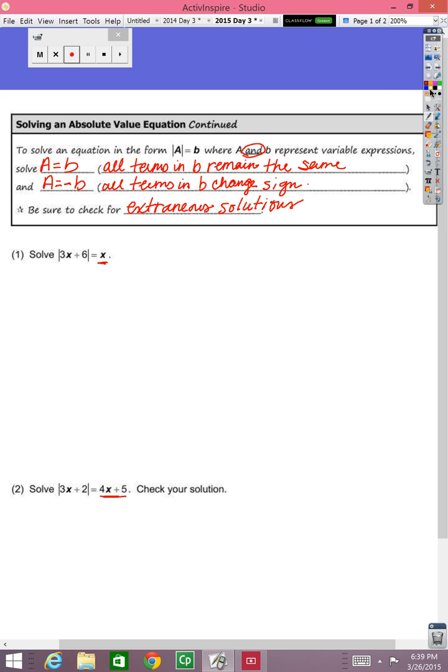So let's solve number one. In number one, again, the first equation, you keep what's in the absolute value symbol the same. And then for the second one, you set it equal to the negation.